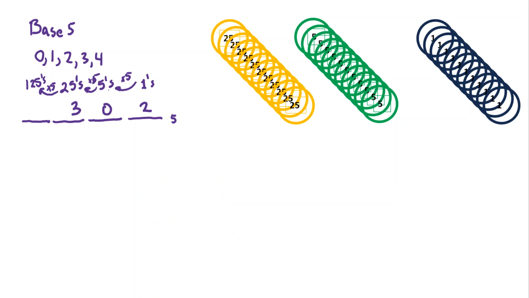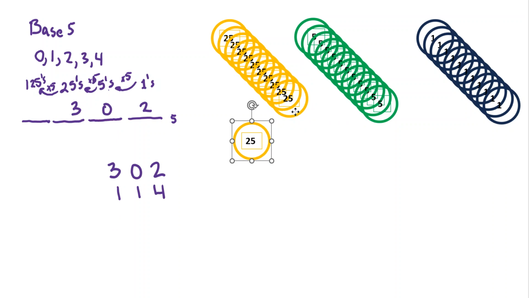Okay. So maybe I want to take the number 302 and add it to 114. Here's how I can think of this using coins. The number 302 means I have 3 in the 25s place, so I would have 3 quarters.